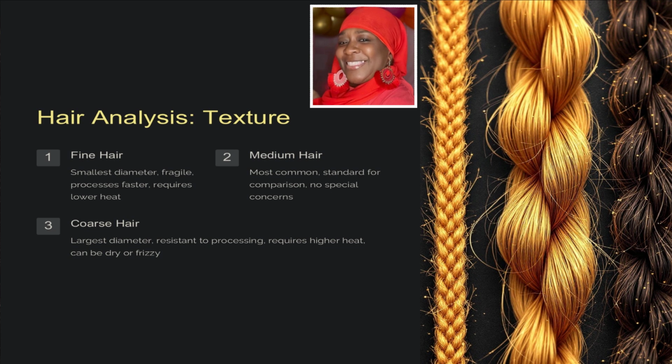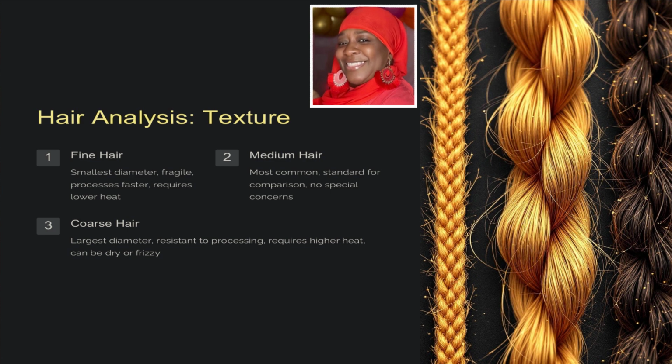Coarse hair characteristics include largest diameter, may be resistant to processing and require stronger chemicals than fine hair, requires higher temperatures during thermal services, may be harder to manage and can be dry and/or frizzy in comparison to fine or medium hair. You need a single strand of hair to determine a client's hair texture.